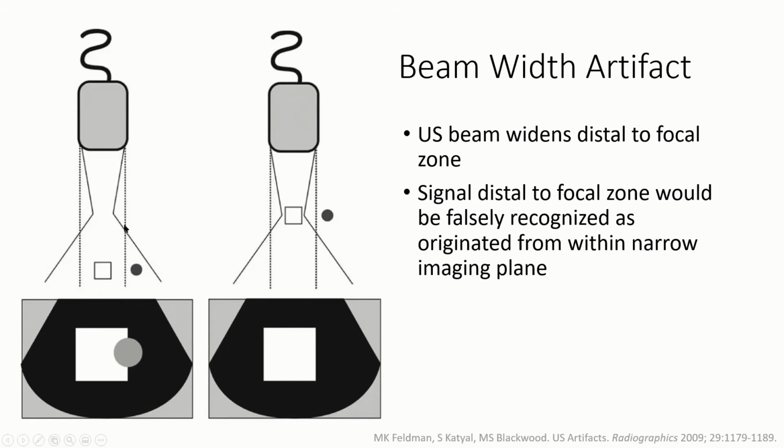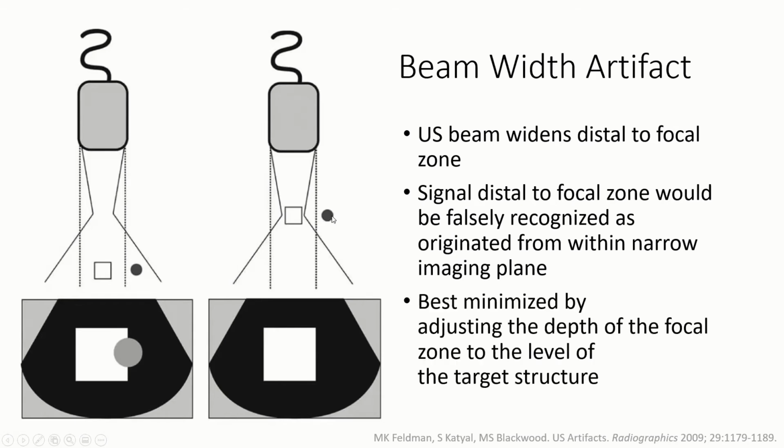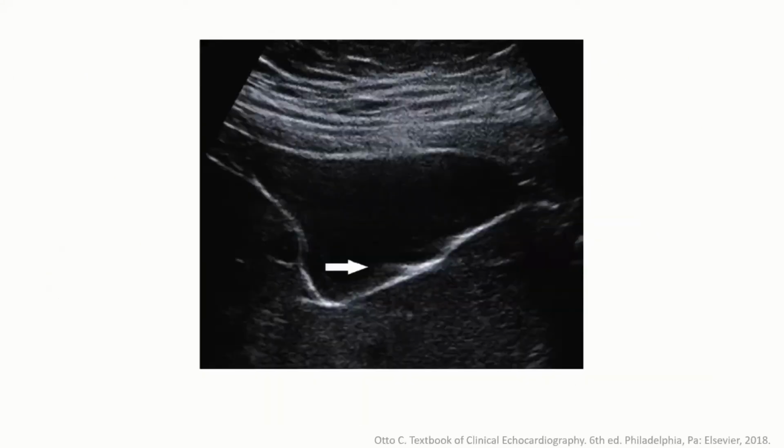To adjust this, you can bring the main target into the focal zone like this, and then we can eliminate this artifact. It is best minimized by adjusting the depth of the focal zone to the target structure.